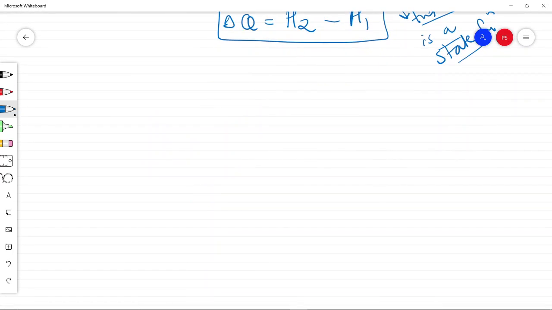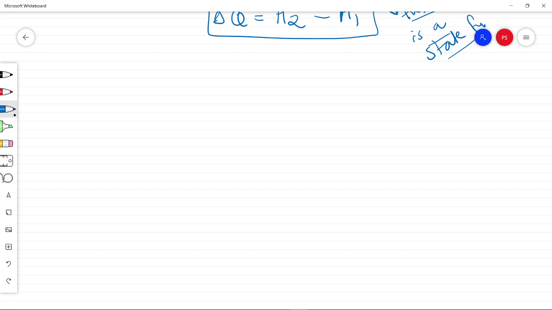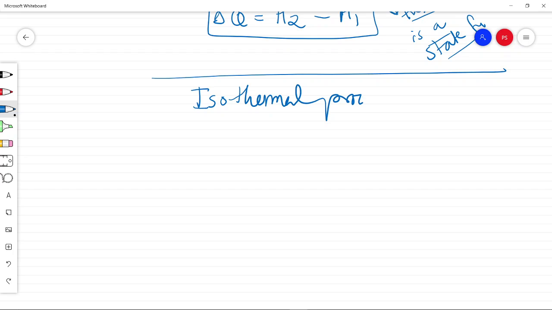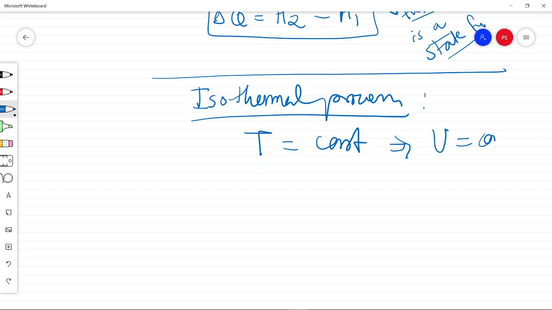Let us continue our discussion further for work done in an isothermal process. In an isothermal process, we see that temperature is constant. That also means that internal energy is constant, because internal energy is related to kinetic energy and hence the temperature of the system, at least in the case of ideal gas.